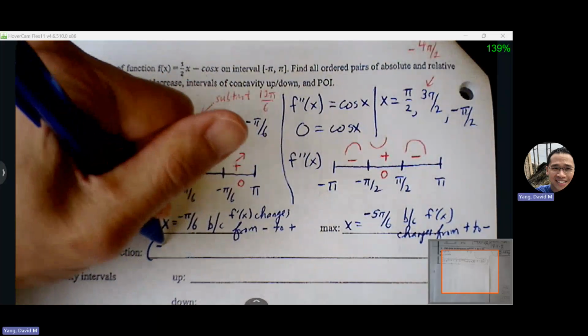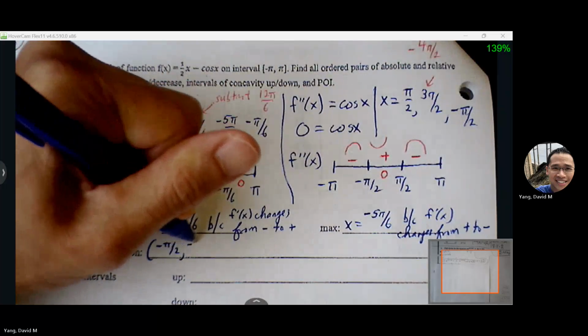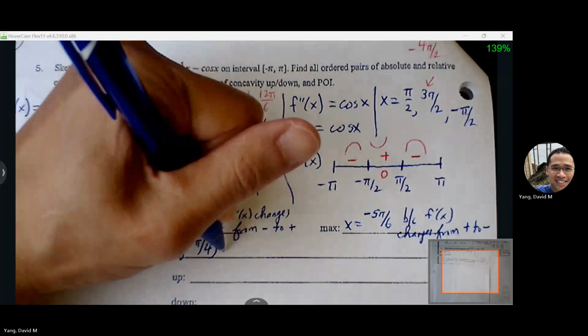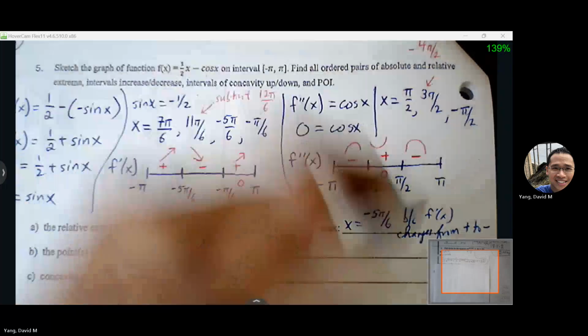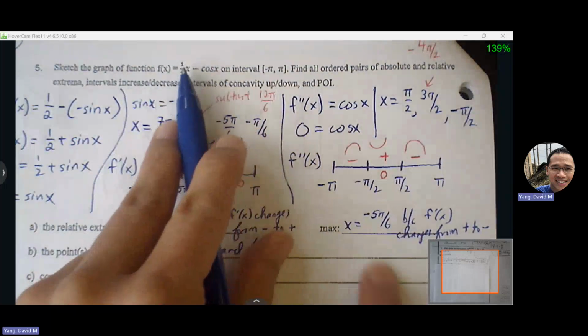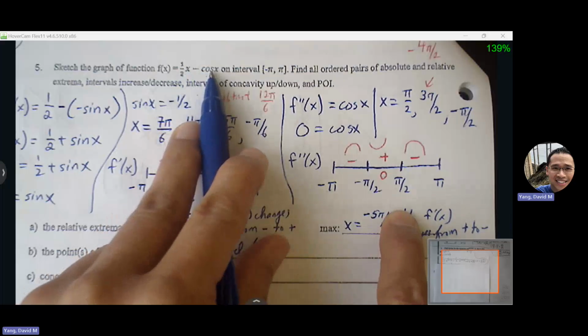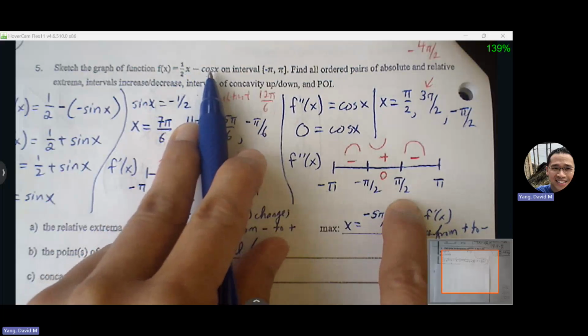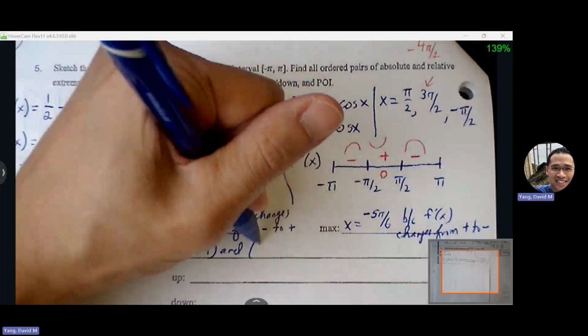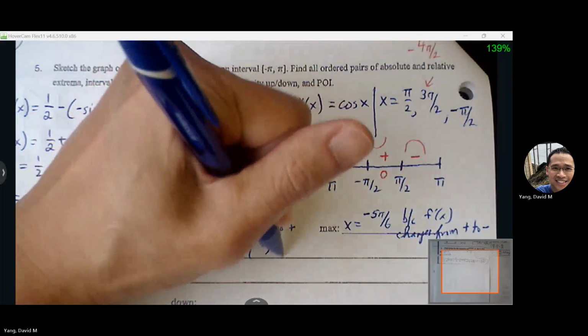So that's one ordered pair. The other ordered pair, pi over 2 into the original function, we get pi over 4 minus cosine of pi over 2. The cosine of pi over 2 is still 0, so just pi over 4.